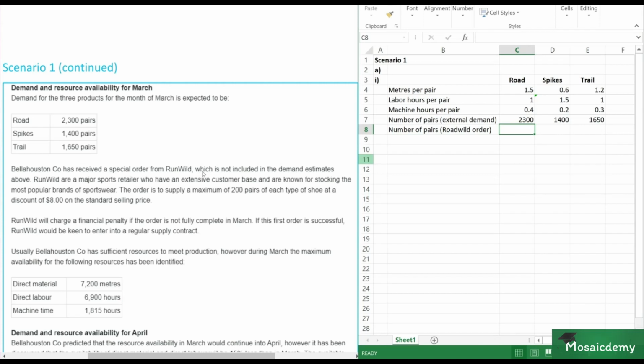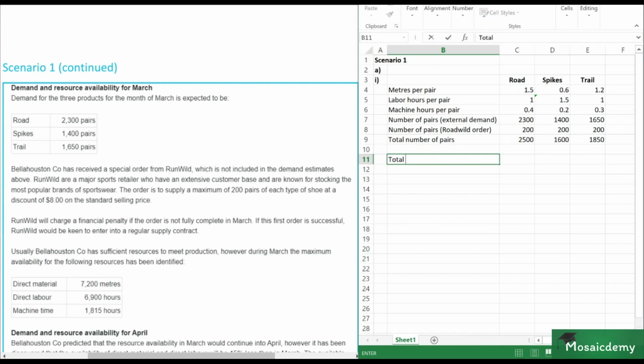And as it mentions, the order for Road Wild is not included in the demand estimates above, and it's 200 pairs of shoes for each type of shoe. So 200 each over here. And we can make a separate calculation here for the total number of pairs, just to have that number ready to go for our formulas as well.